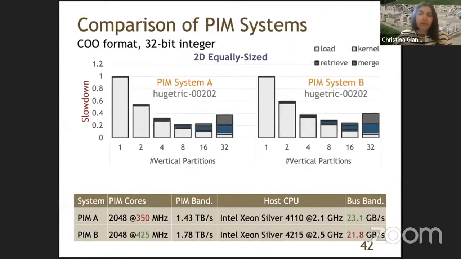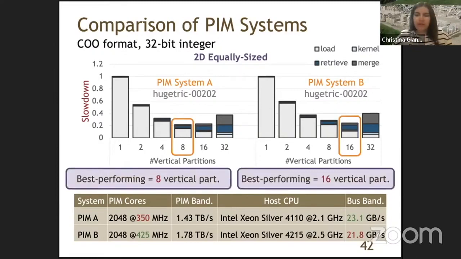In this experiment, we evaluate the SpMV performance using the same matrix and two different PIM systems, the characteristics of which are shown in the table. In PIM system A, we have cores with 350 MHz frequency, and in PIM system B, we have 2048 cores with 425 MHz frequency.